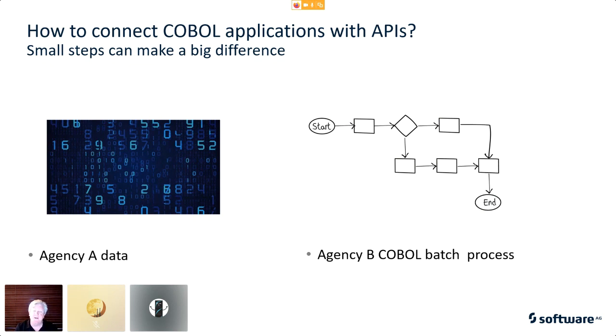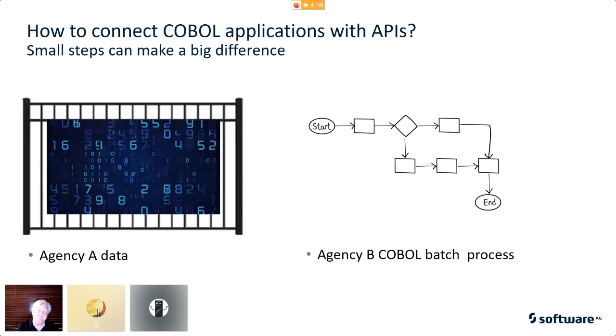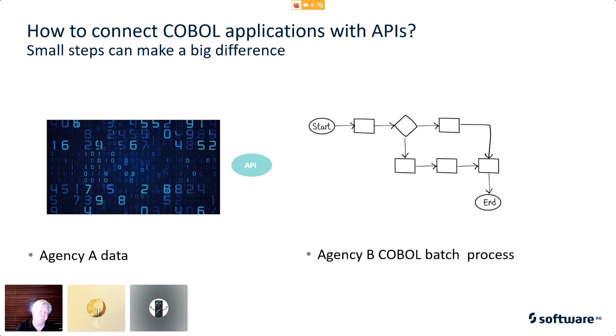Agency B's COBOL batch processing was a completely different division. Agency A's data, however, was in jail. And strangely enough, it was information about whether a citizen was currently a guest of the state in jail. But one day they decided to free that data and create an API.